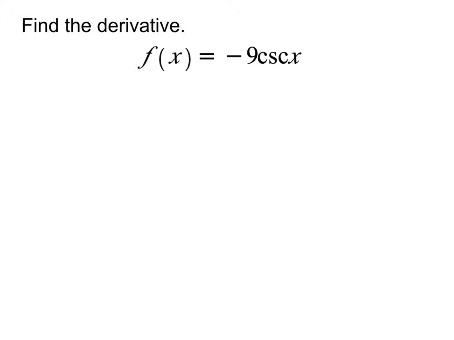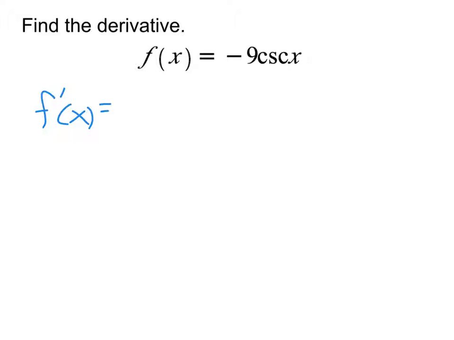Next problem. Here we have f of x equals a negative 9 cosecant of x. All right. In this one, am I going to need to use the product rule? No. Because it's a constant times a function. And again, anytime we have a constant times the function, it makes our lives a lot easier.